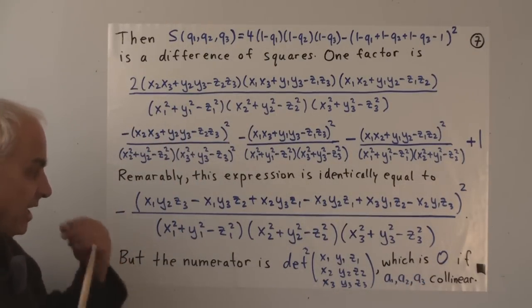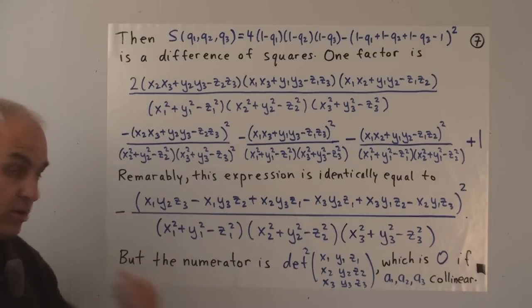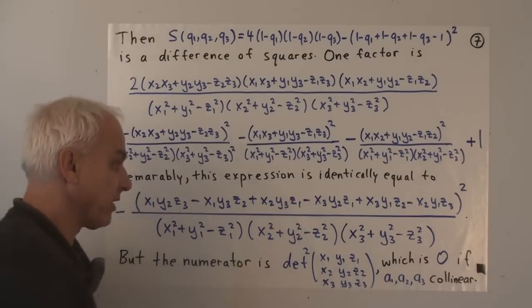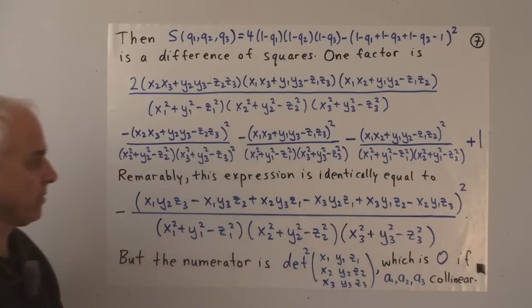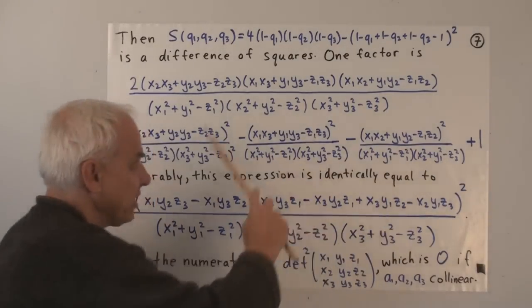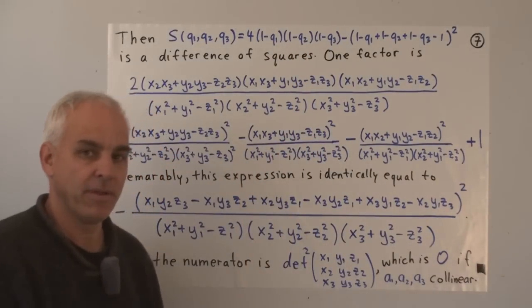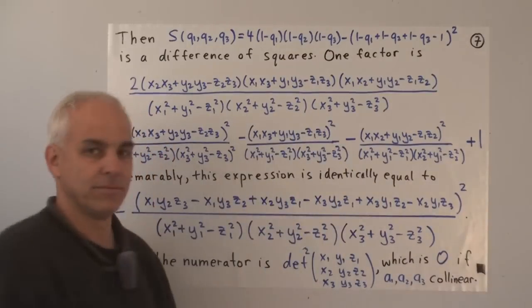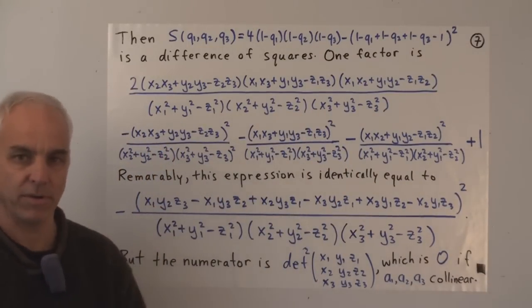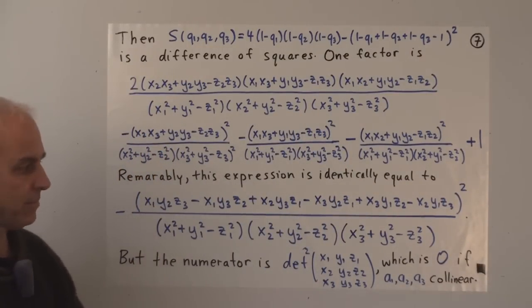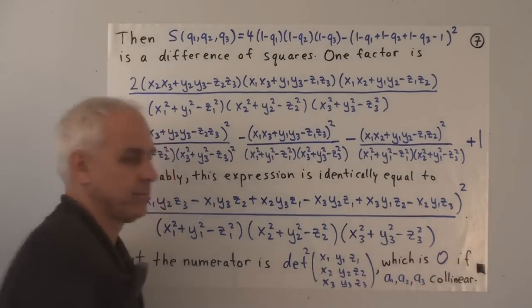So the argument is, if A1, A2, and A3 are collinear, then this numerator is 0, so this expression is 0. So one of the factors of this is 0, and so this is 0. And that's the triple quad formula. And that's the proof.